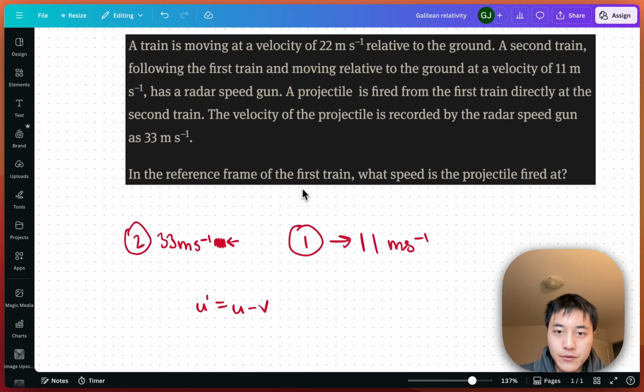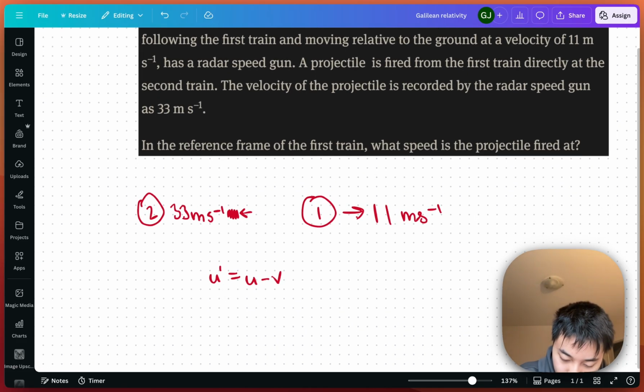In the reference frame of the first train, what speed is the projectile fired at? So we do want U prime, so we don't have to rearrange this. So the conventions are right is positive, left is negative, and U is the projectile with respect to the stationary one. So it's moving left at 33, so it's negative 33.